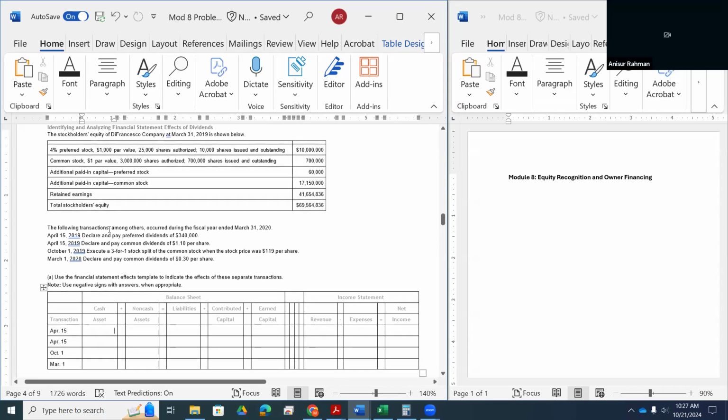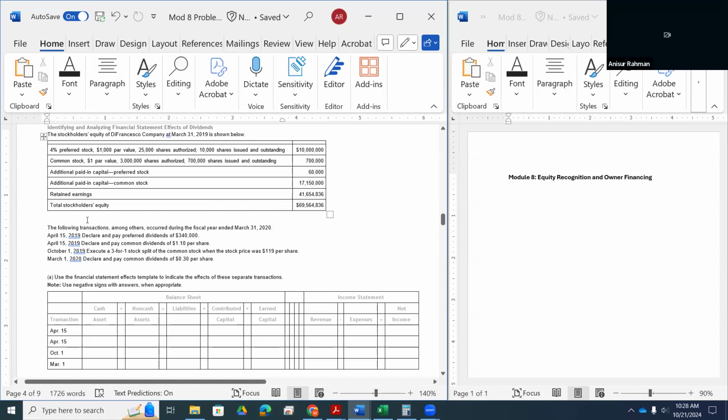And then the following transactions, among others, occurred during the fiscal year ended March 31, 2020. Here, the stockholders' equity of the Francesco Company at March 31, 2019 is shown below.